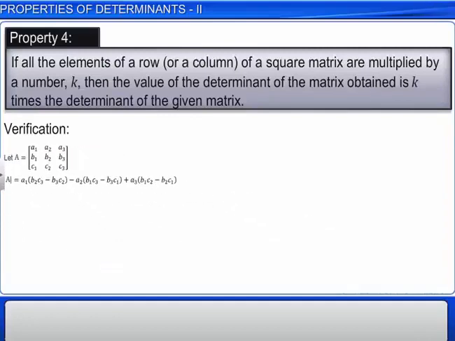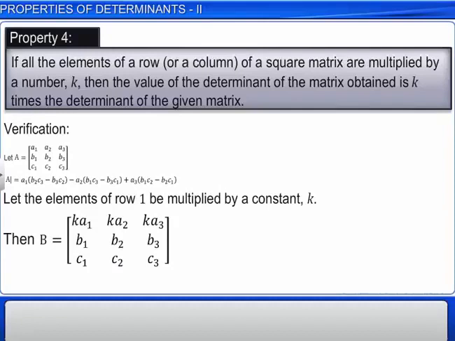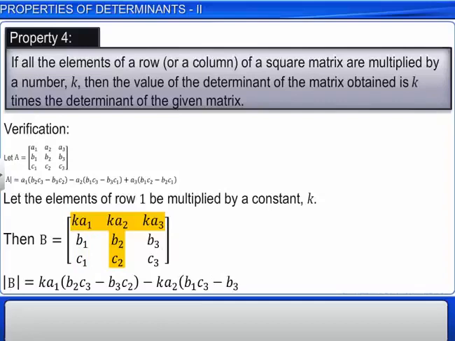Now, let B be the matrix obtained by multiplying each element of the first row by a constant k. Expanding B along the first row, we get k into A1 times (B2 C3 minus B3 C2), minus k into A2 times (B1 C3 minus B3 C1), plus k into A3 times (B1 C2 minus B2 C1).